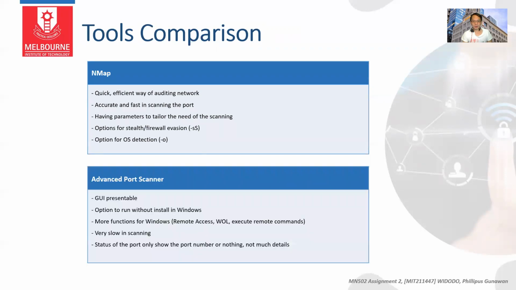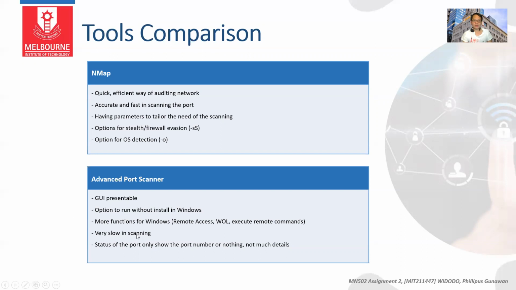And for the advanced port scanner, it is more of a graphic user interface, which is more presentable. The other option is to run it without installing in Windows, so we can just use run instead of install. More functions for Windows, which are remote access, wake on LAN, and execute remote command.